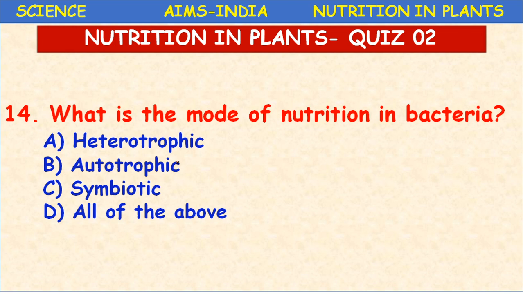Bacteria live in a variety of habitats. Okay, children, some bacteria live at very high temperature, some at very low temperatures. Cryophilic bacteria, thermophilic bacteria, acidophilic bacteria. In acids also they survive. So what is the mode of nutrition in bacteria? All of the above.